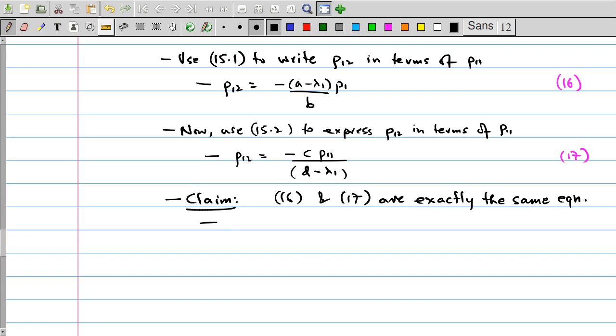Now the proof of the claim. We need to show that minus (A minus lambda 1), basically the coefficients, equals minus C over (D minus lambda 1), right? Yeah.